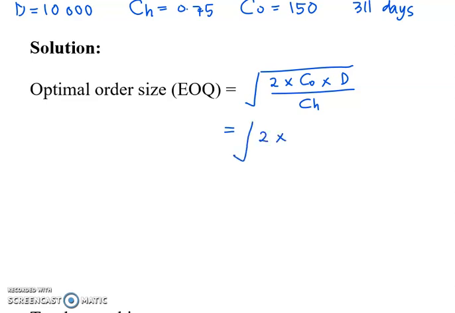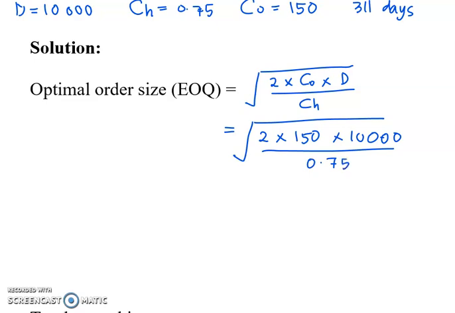So 2 times the ordering cost, 150, the annual demand, 10,000, and the holding cost, 0.75. Here we have 2,000.